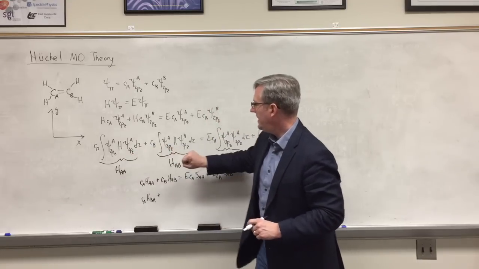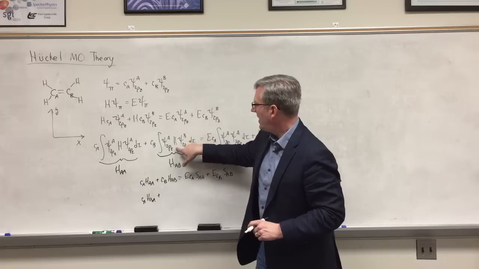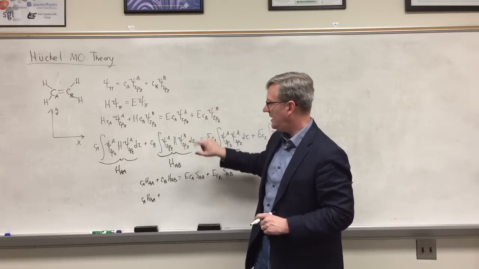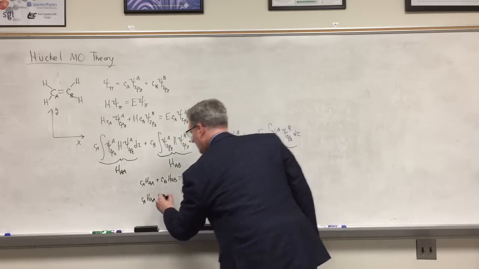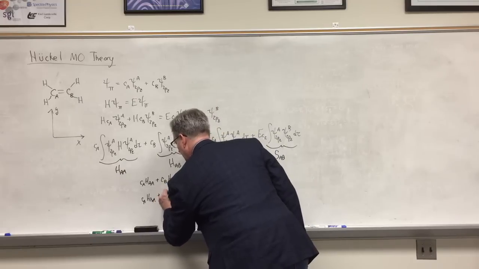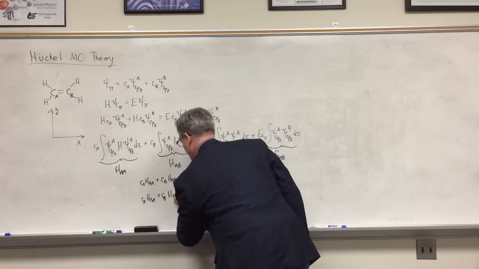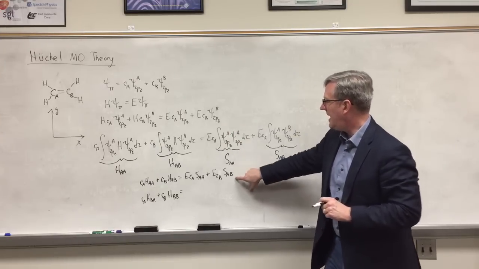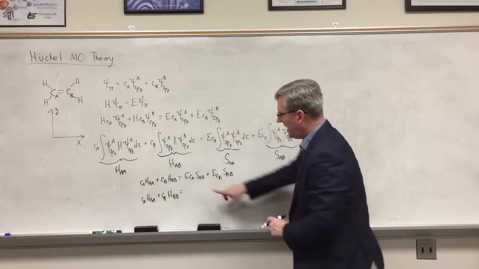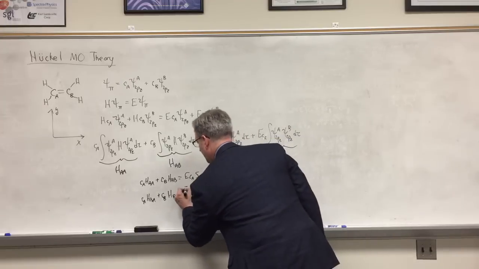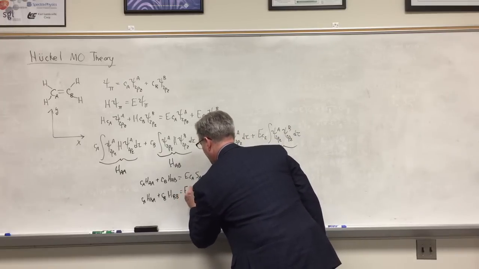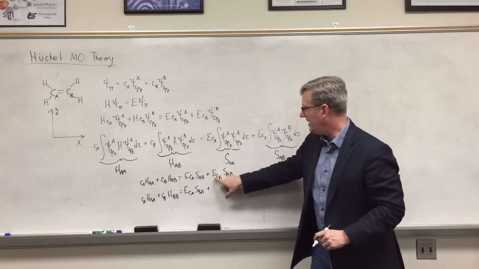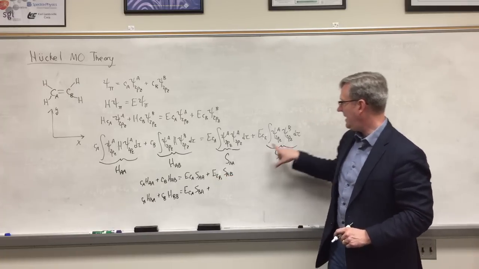Here I would have C sub B times the integral over the Hamiltonian sandwiched between psi 2pz B and psi 2pz B. That would look like C sub B HBB. On the right-hand side now, I would have SBA for that term, so E C sub A SBA. And for the last term, I would have E C sub B SBB.